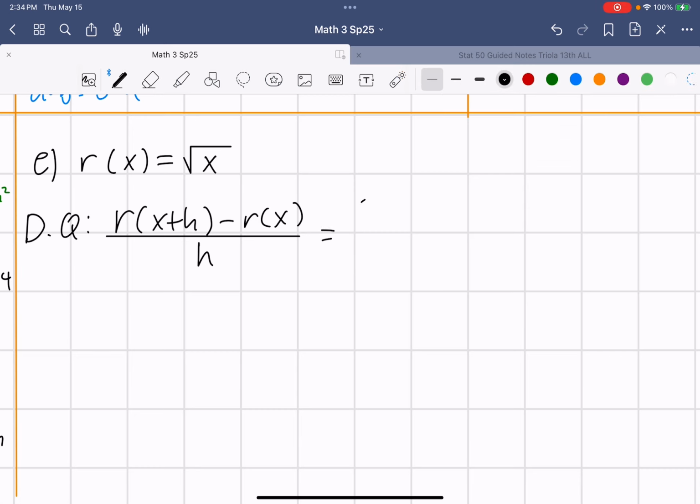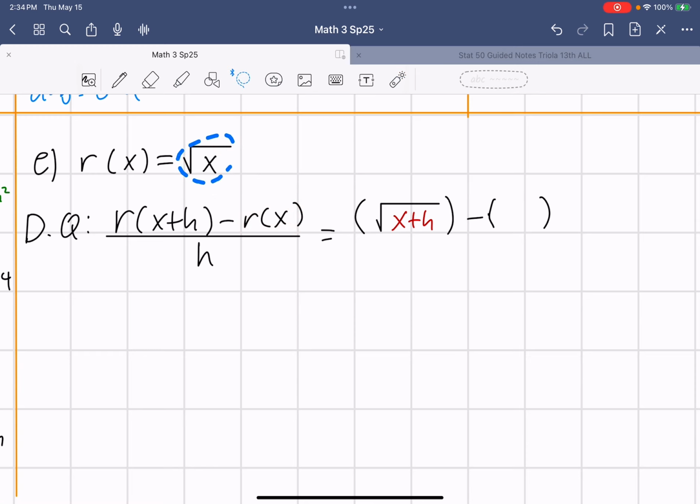And it's going to look like this. Square root, and I'm plugging x plus h, and there's nothing else I can do with that. Minus, and then I'm just going to plug in what r of x is, which is square root of x. Just so you can see, I'm just going to hit copy. I'm going to paste it, and this just goes right inside of here. I divide by h.